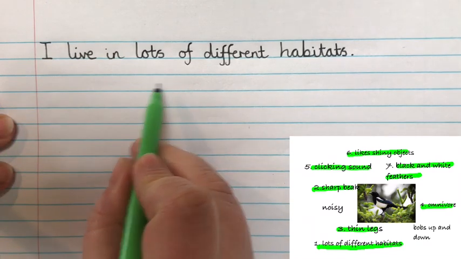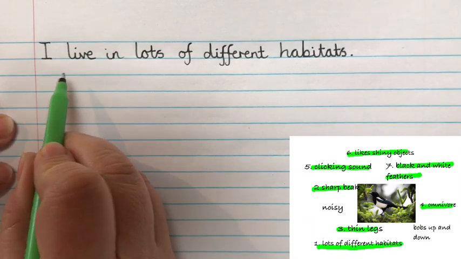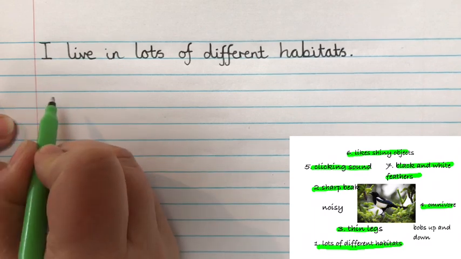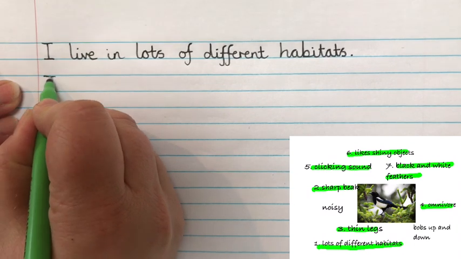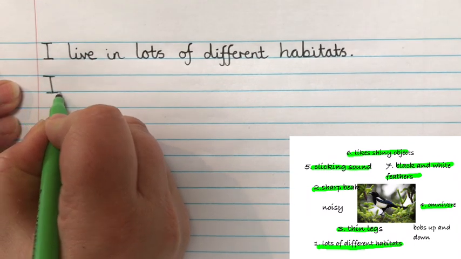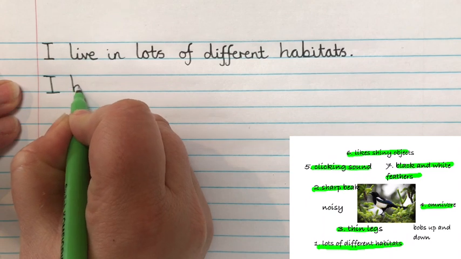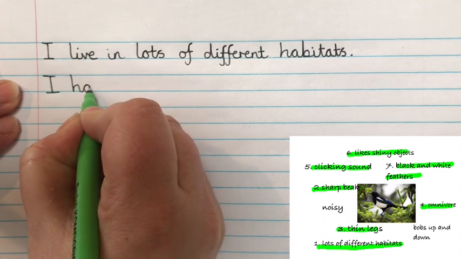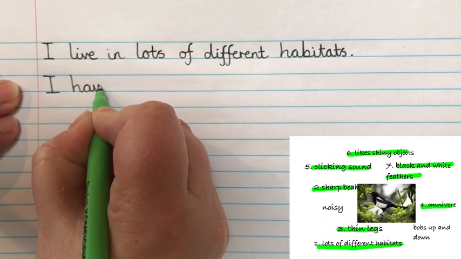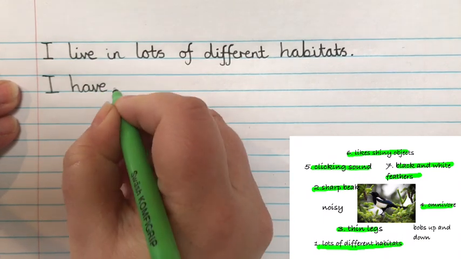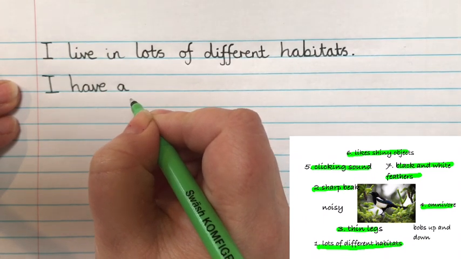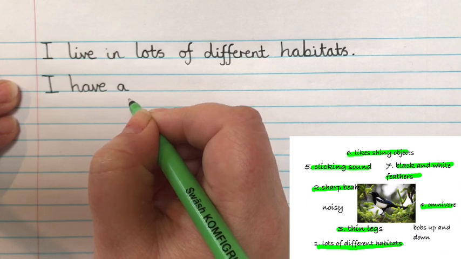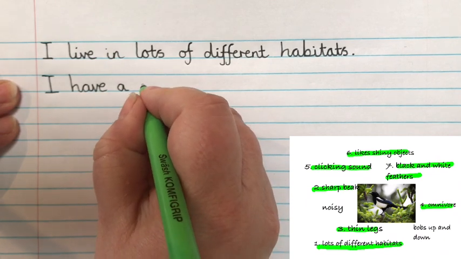Now, just to make it clear for you, I'm going to miss a line. It's up to you whether you miss a line or not. As I say, I'm just doing it so you can see me right clearly. So again, starting with that capital letter, I have, and again, have is one of those tricky words, doesn't follow the phonics rule. I have a sharp, sharp, 3 sounds, 2 digraphs.